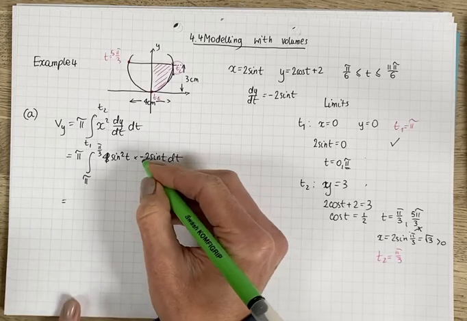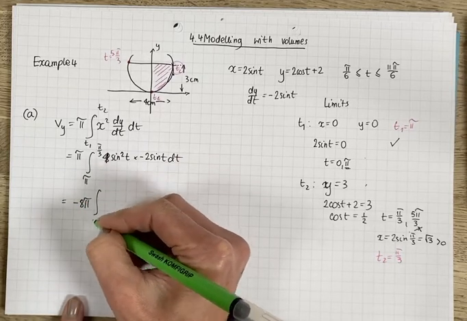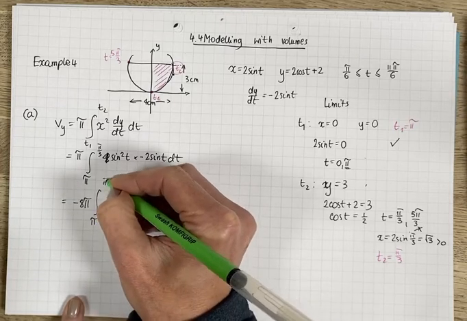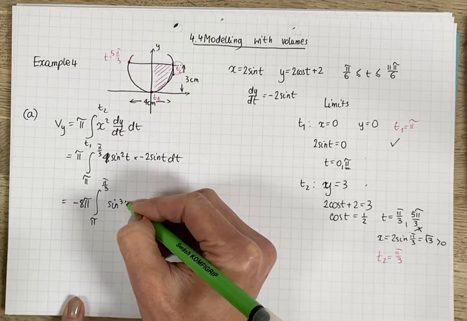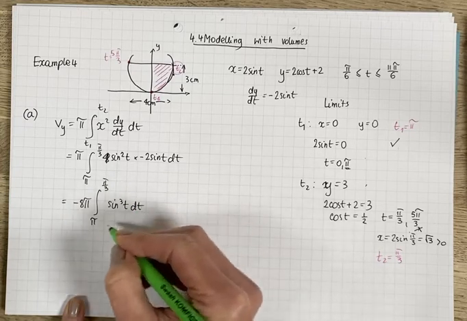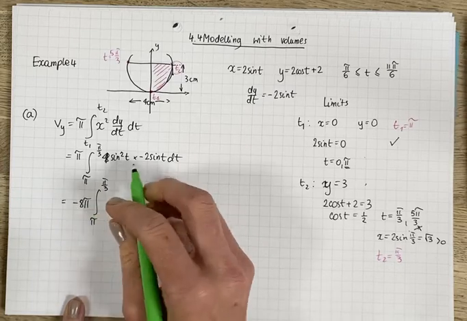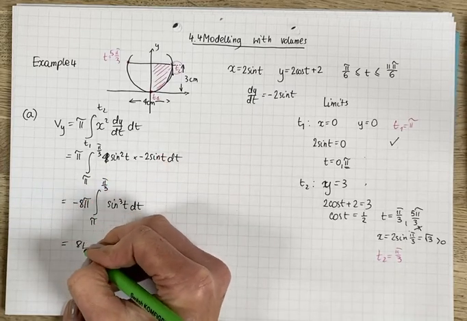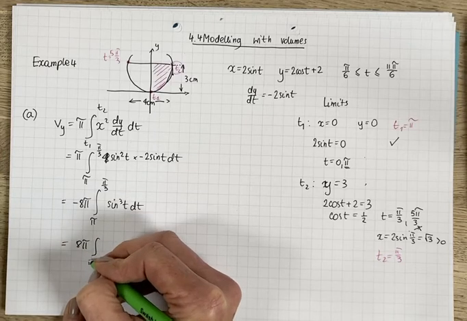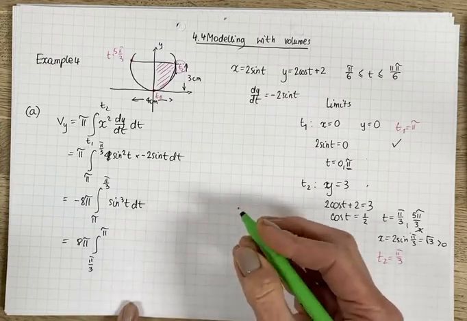So I've got minus 8 times the integral from pi over 3 to pi of sine cubed t dt. So we need to integrate sine cubed. If you want to get rid of that minus, you can flip the limits if you prefer, so the lower value limit is at the bottom and the higher value limit at the top.